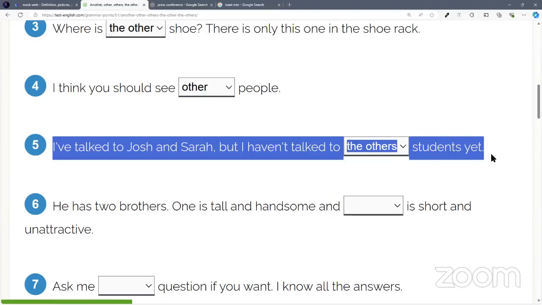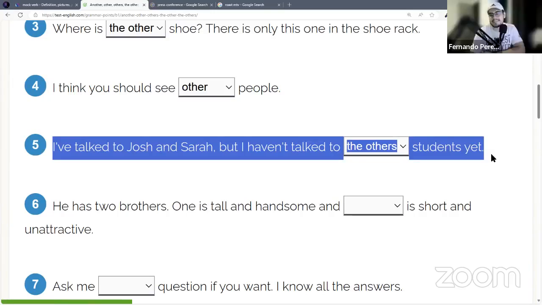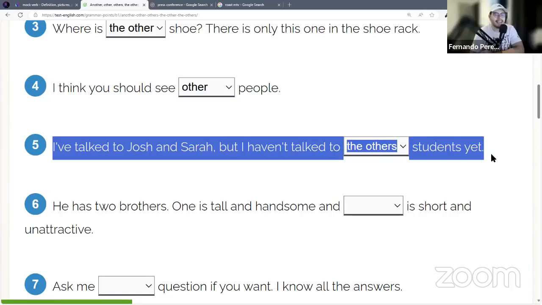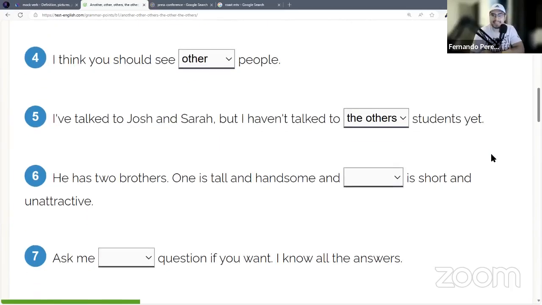Like a teacher that only talked, for example, a teacher, to only two students. Exactly. I agree with you. Precisely.